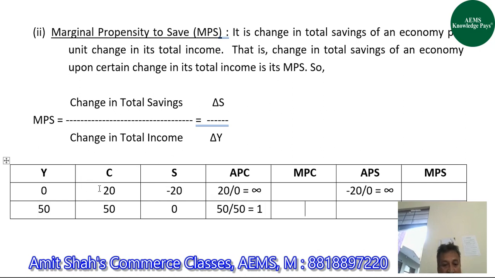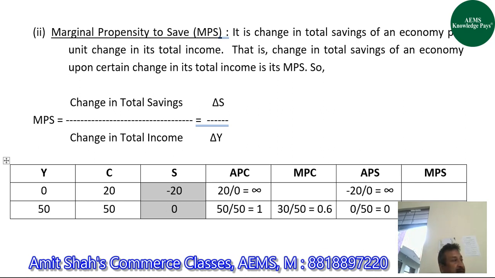MPC now we can calculate, that is change in consumption expenditure, which is 30, divided by change in income, that is 50, that is 0.6, right? APS is 0 upon 50, that is 0. And MPS is change in savings.